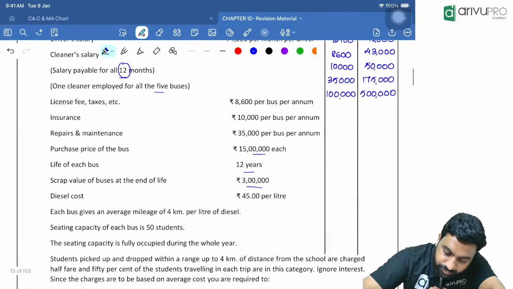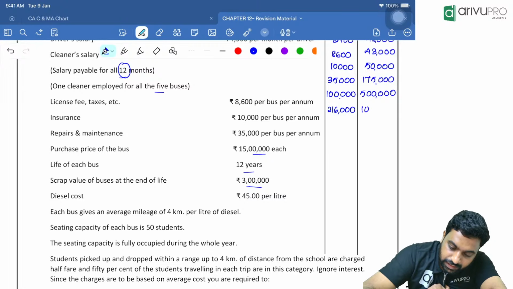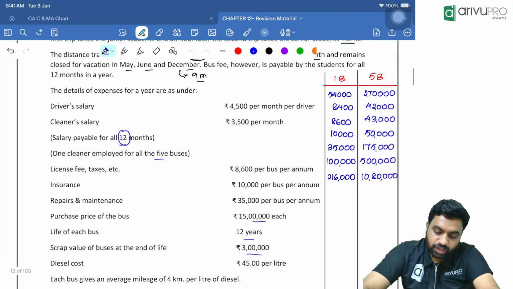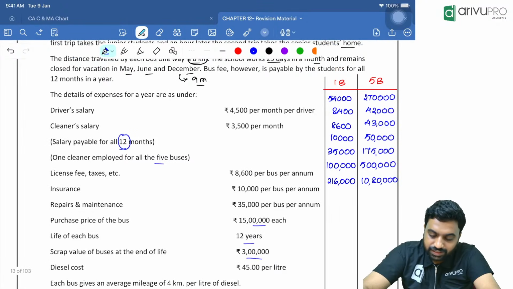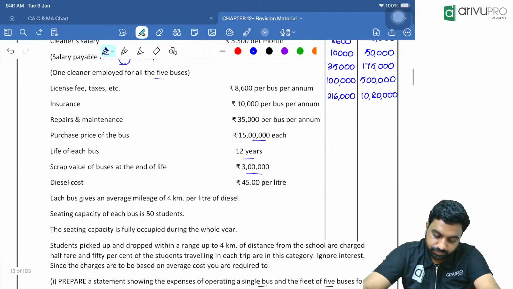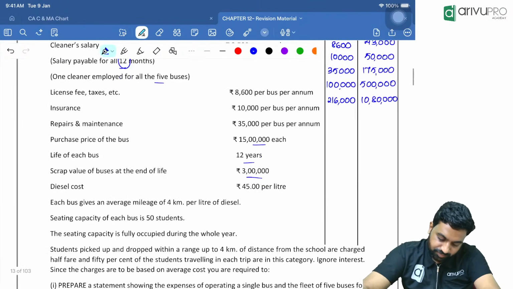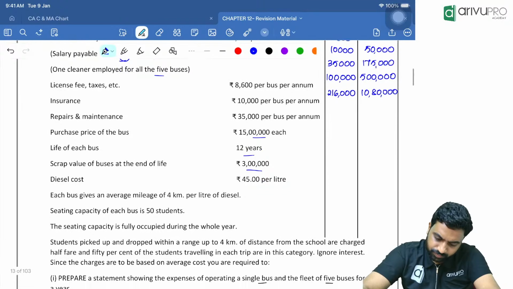2,16,000. 2,16,000, that is per bus. For 5 buses, it would be 10,80,000. For 5 buses, it is 10,80,000. Is that clear? Great. Next. That's it, right?